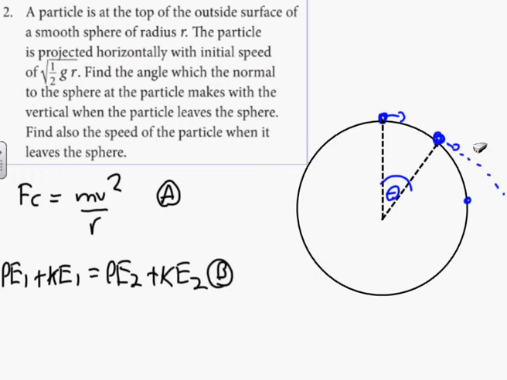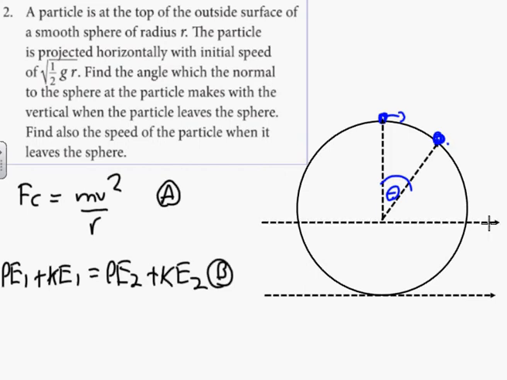I'm going to do it slightly differently from the book, alright? The solutions decided to take, do you remember I was telling you that you have to specify a point at which there's no potential energy? In the last question we did it at the bottom of the sphere. What they did was do it at the centre.